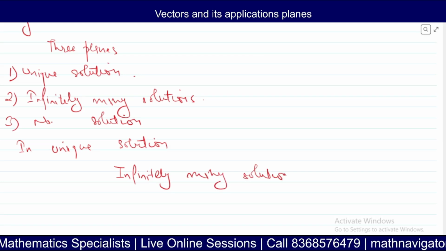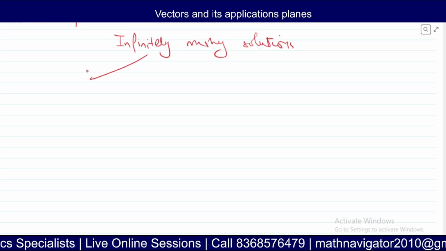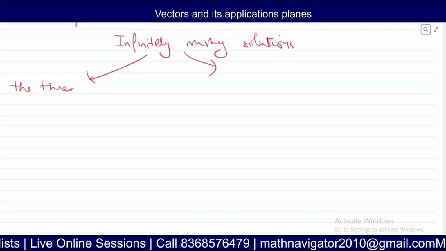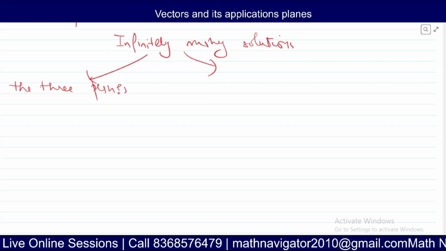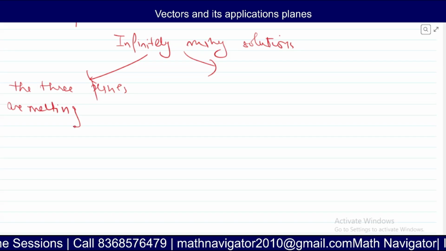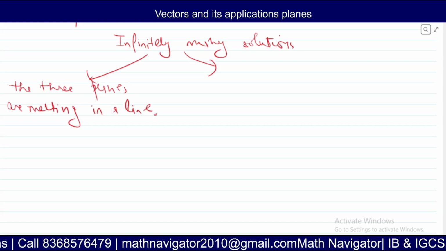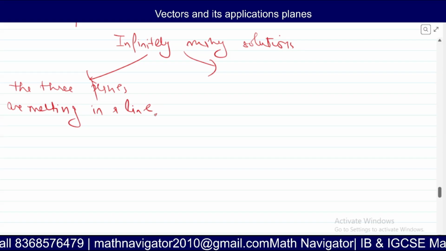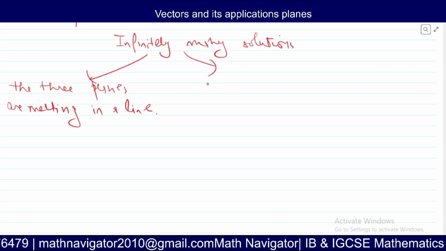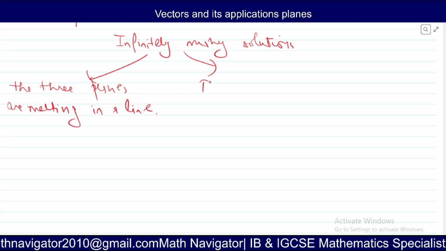There are 2 possibilities. Got it? What are those 2 possibilities? The first possibility is the 3 planes are meeting in a line. Then the second thing is the 3 planes are coinciding.